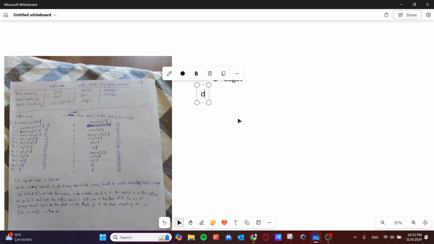What we are going to do first for the suffix array is write the suffixes. So S1 is AAGCT. S2 is AGCT. We always delete the first letter.